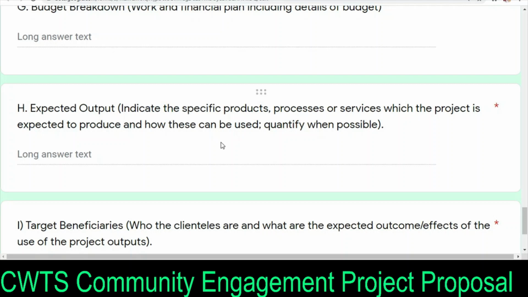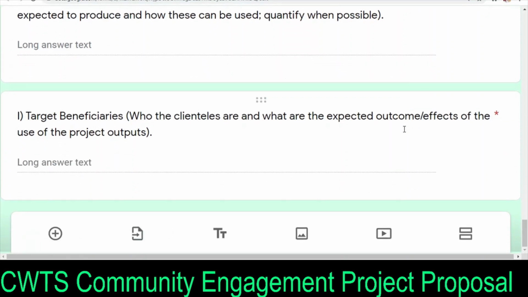Or it can be a process or a service. Like reading is a service. Name the one particular service which the project is expected to produce and how this can be used. If possible, quantify. But if it is not quantifiable, at least you have a way of monitoring through qualitative data.